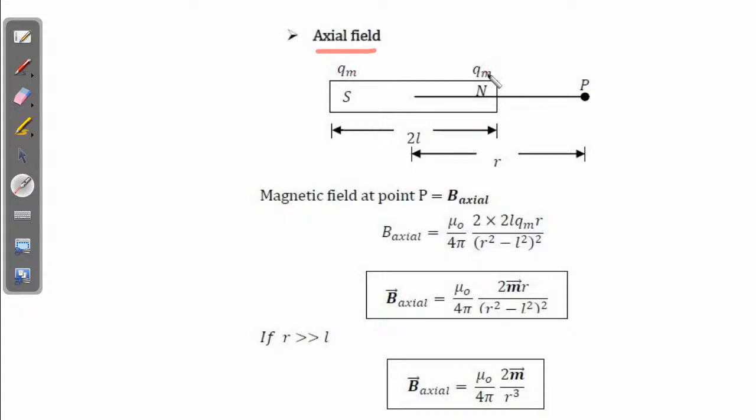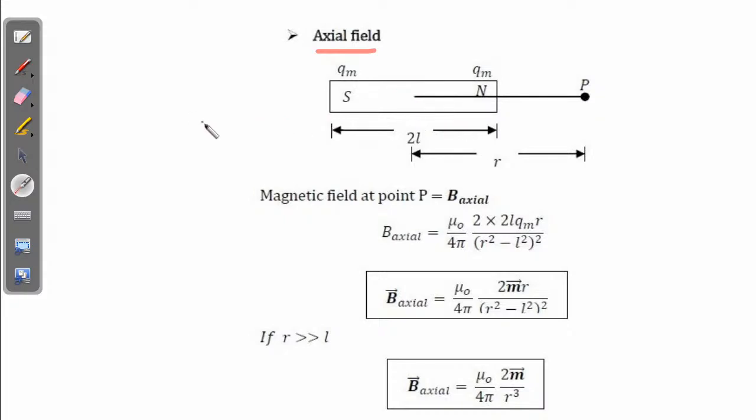QM represents the pole strength of this magnet. These two poles are separated by a distance 2L. I am marking a point P along the axis of the magnet. Let R be the distance between point P and the center of the magnet.